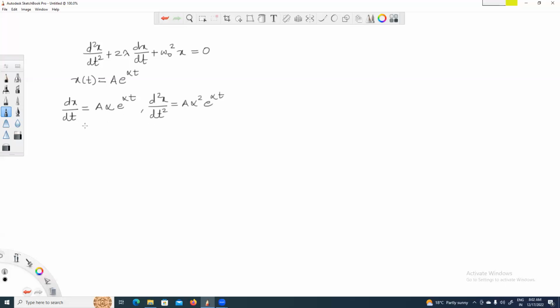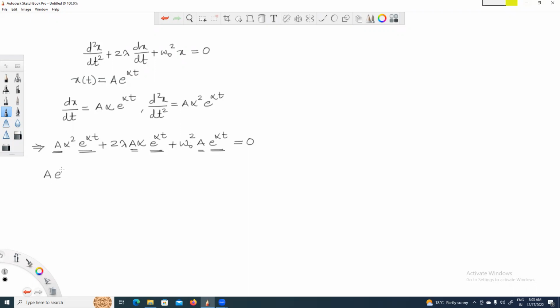If I put all these terms in the differential equation, I get A alpha square e raised to alpha t plus 2 lambda A alpha e raised to alpha t plus omega naught square A e raised to alpha t equals 0.